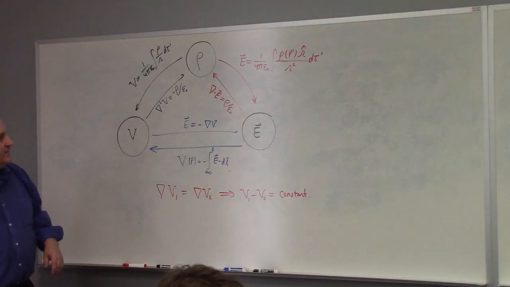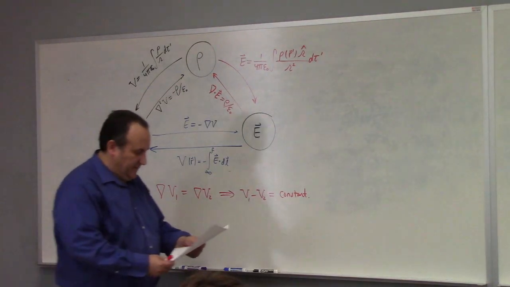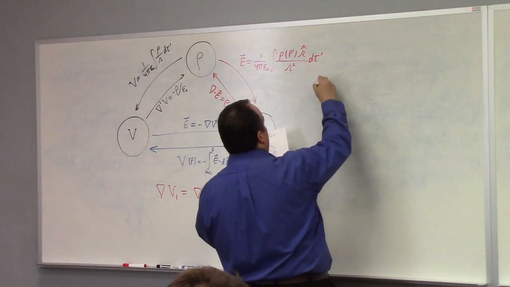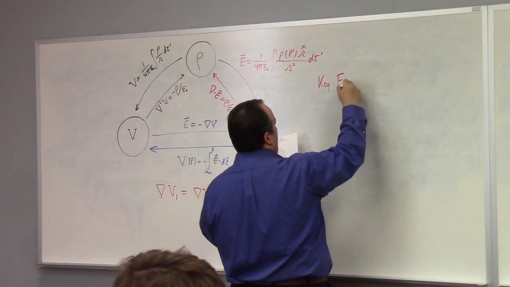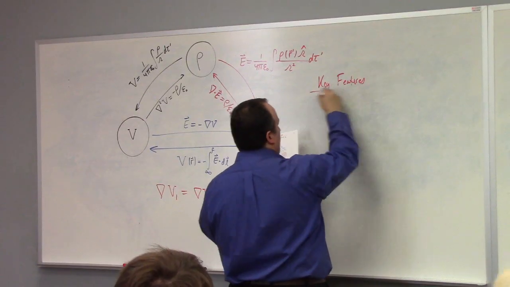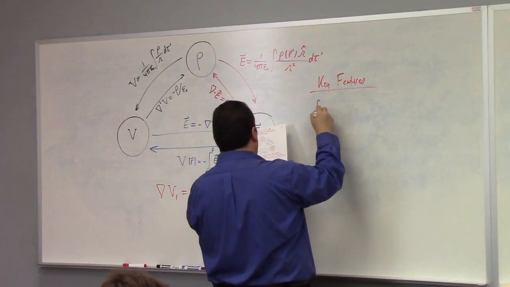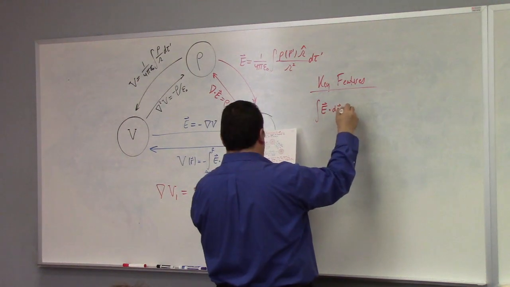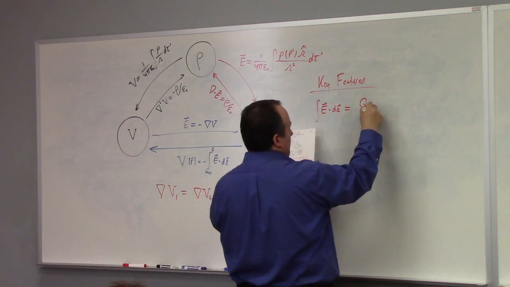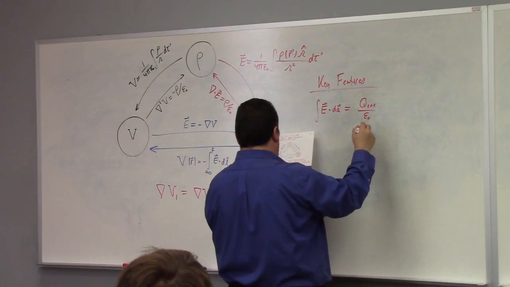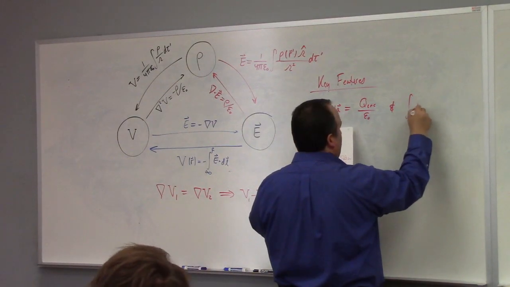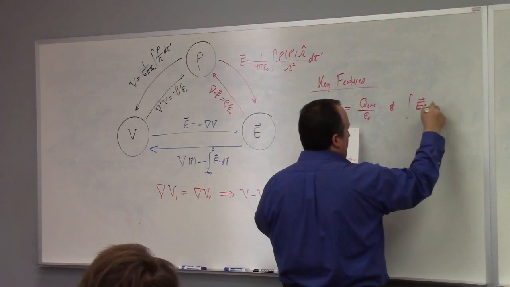So what are the key features of electrostatics? Well, let's review. If we integrate E dot dA, we get the charge enclosed over epsilon naught. And we also have that the integral of E dot dl along a loop is what?